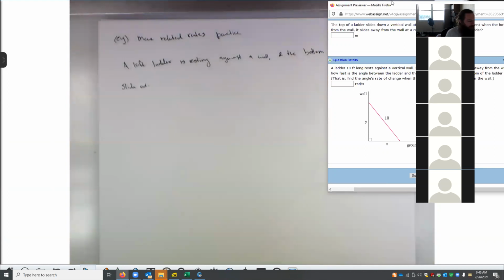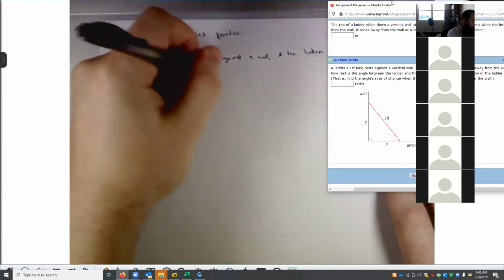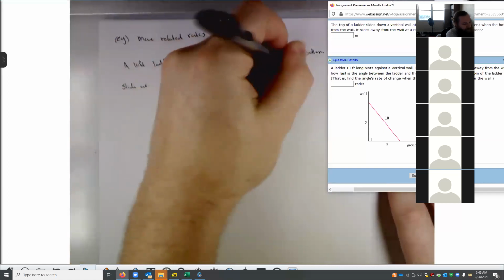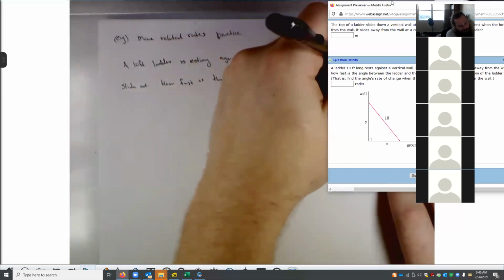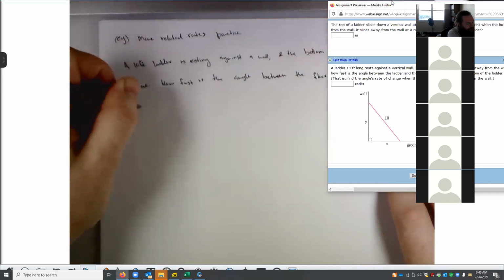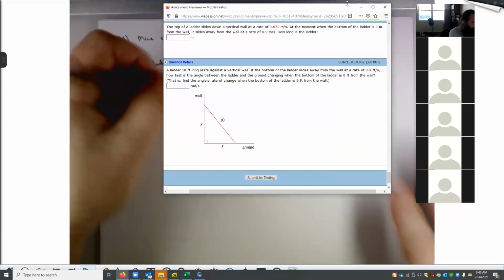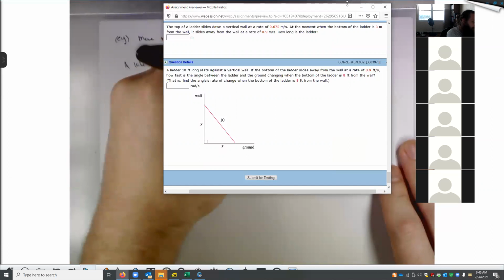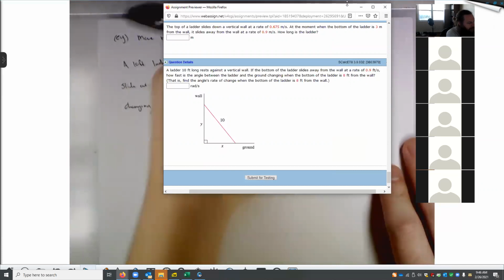We want to find how fast the angle between the floor and the ladder is changing when the ladder is 8 feet from the wall, when the base is 8 feet from the wall. There's something I forgot to put in here.